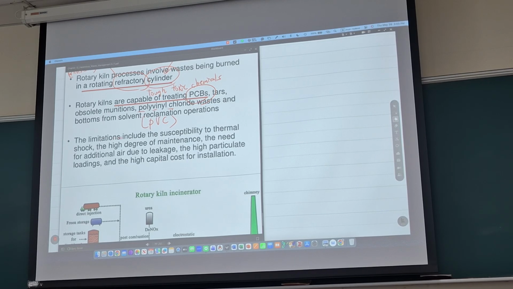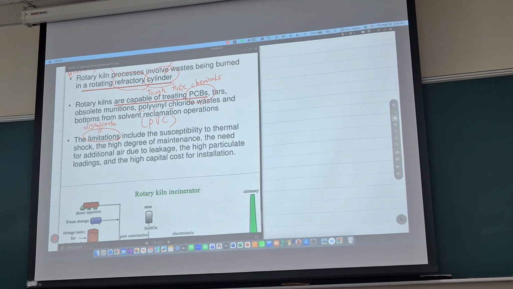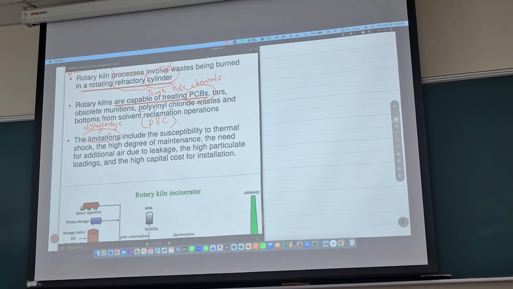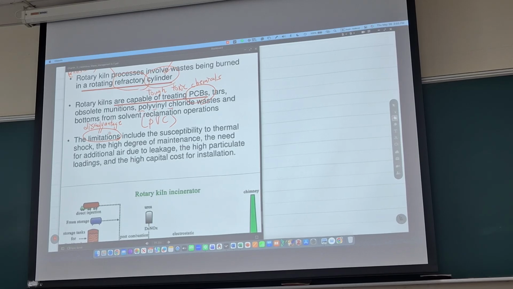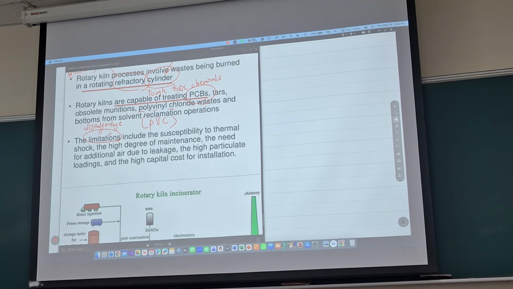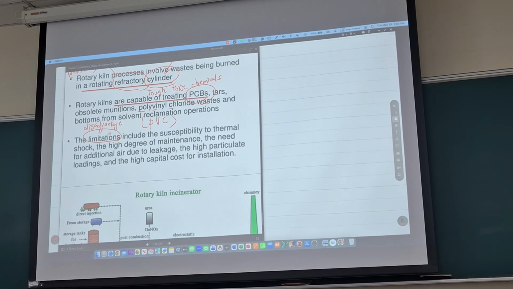However, there are some limitations. Limitation means disadvantage. This kind of facility can be damaged by something called thermal shock.